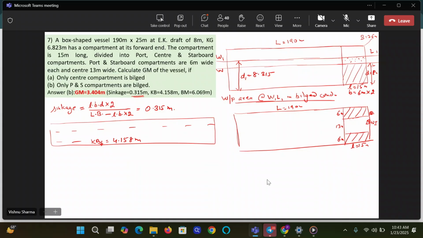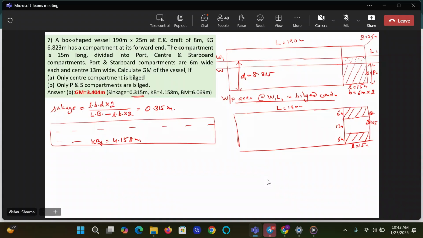Okay. Those who have closed out the KB, can you please mark center of flotation and draw a fore and aft axis through it and confirm whether it is center line or not of the ship. It is the center line, sir. It is the center line of the ship. Okay. Now, here I would like to draw your attention.